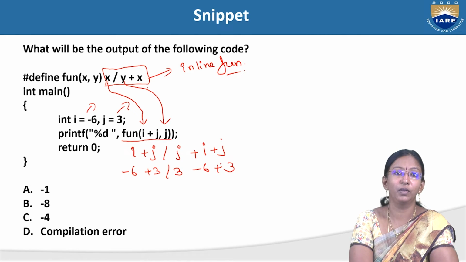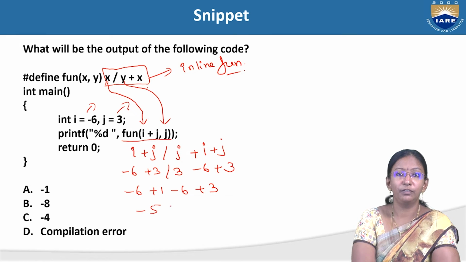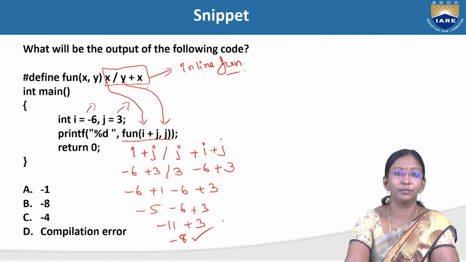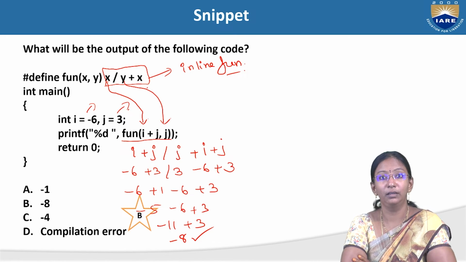Now perform. Here very simple things are there. All are arithmetic operators. Do it. Minus 6 plus 1 minus 6 plus 3, minus 5 minus 6 plus 3, minus 11 plus 3, minus 8 is the answer. Guys, don't get confused. As I said, inline functions get expanded at the place where they are called.